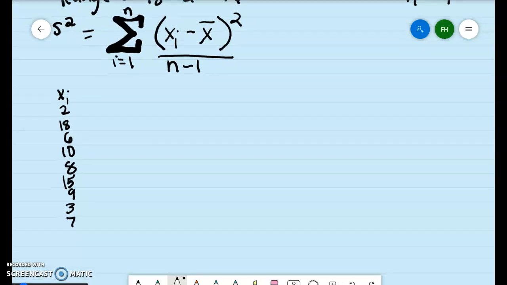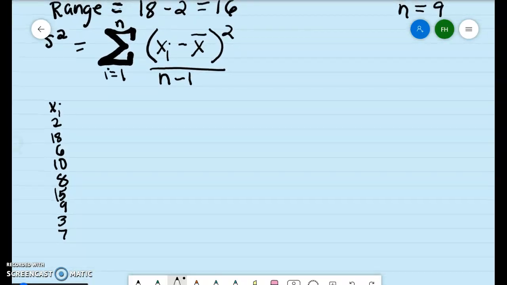And then once we list our data, let's go ahead and calculate our mean. So we could sum these up, and that would be 26, 36, 44, 59, 68, 71, 78, which would be our sum of our data values.